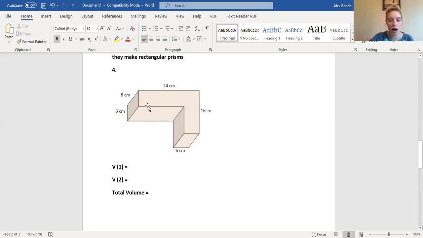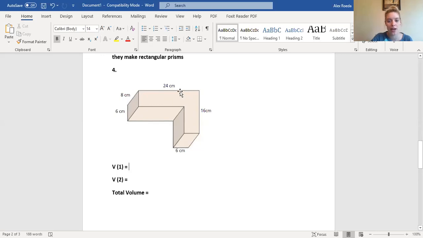All right, so now moving on to my second step, I need to make sure I have the length, the width, and the height for both prisms. So I split it here. Let's look at prism 1. Do I have a length? Do I have a height for prism 1? Well, I split this line here. I know that this whole thing is going to be 24 centimeters, but since I split it here, this whole length isn't going to be 24.